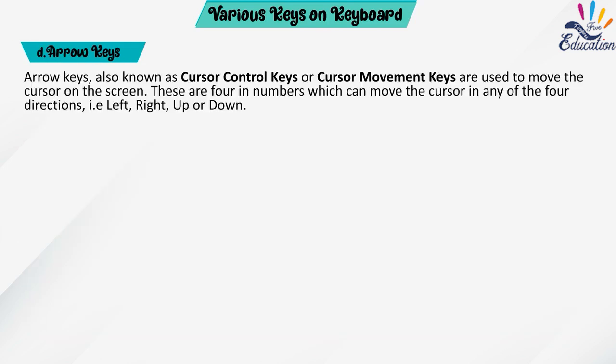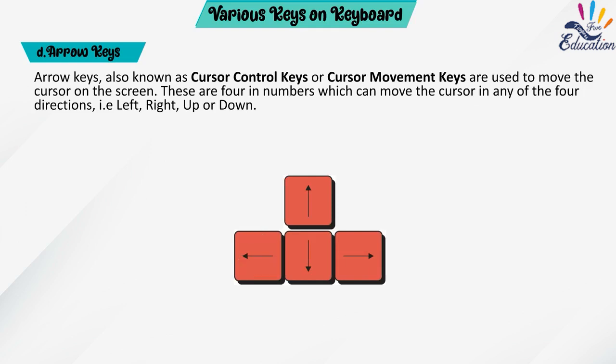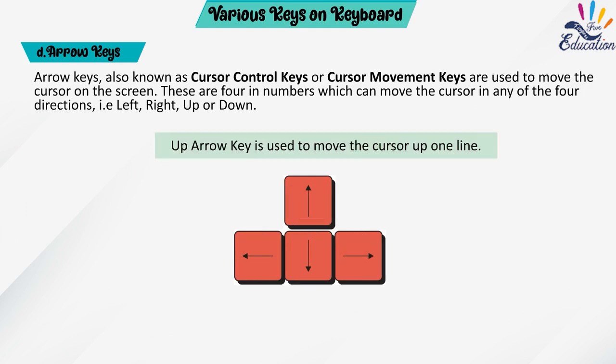Arrow keys. Arrow keys, also known as cursor control keys or cursor movement keys, are used to move the cursor on the screen. These are four keys which can move the cursor in any of the 4 directions, that is, left, right, up or down. Up arrow key is used to move the cursor up one line.